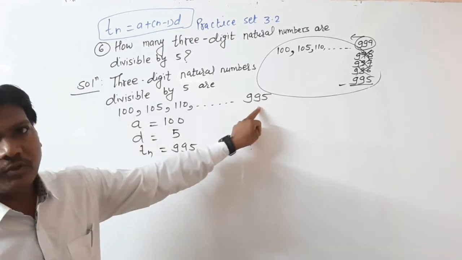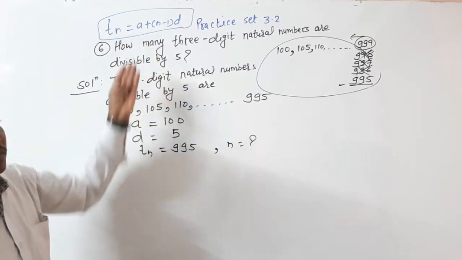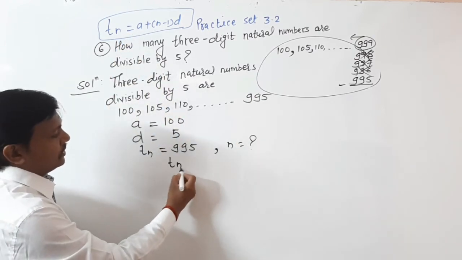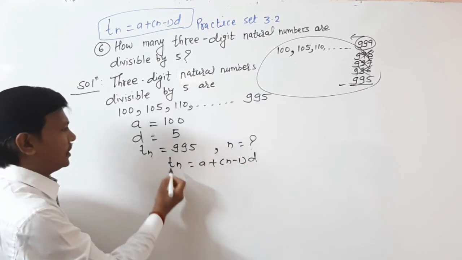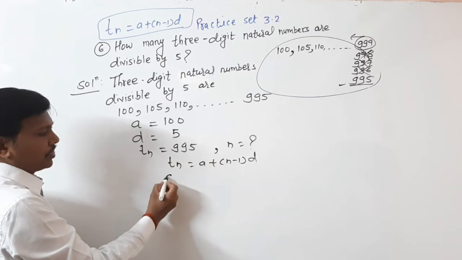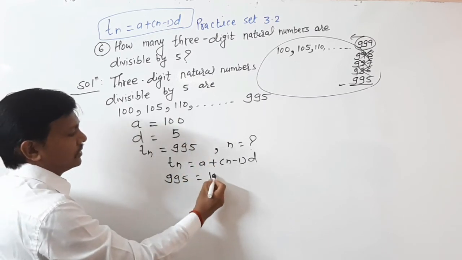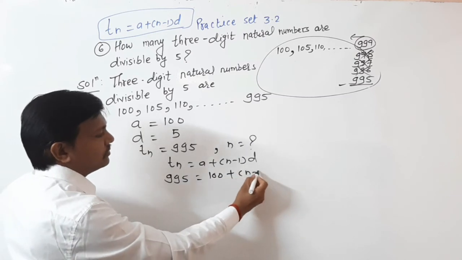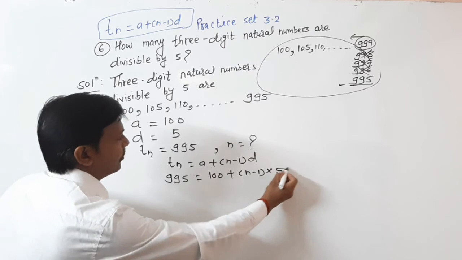If the last term is given, you have to find how many terms there are. Again use the same formula, Tn equals a plus (n minus 1) into d. So this Tn is 995, a is 100, plus n which we don't know, and d is 5.